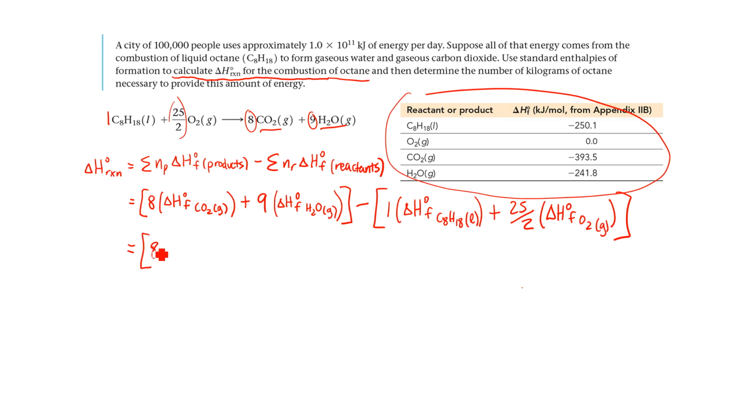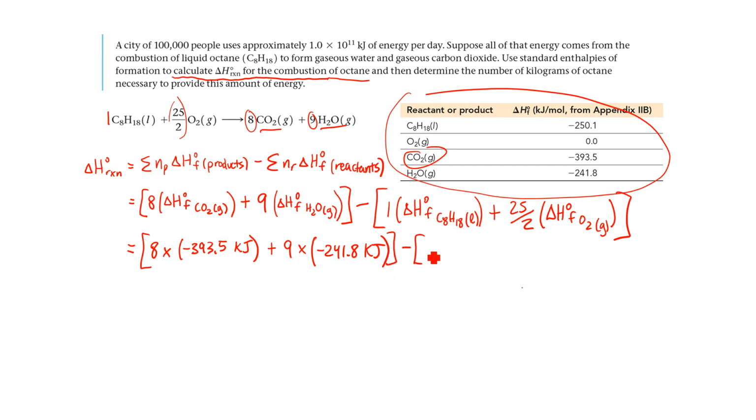All right, so this is going to be 8 times CO2, that's negative 393.5 based on our table, plus 9 times water, which is negative 241.8 kilojoules.